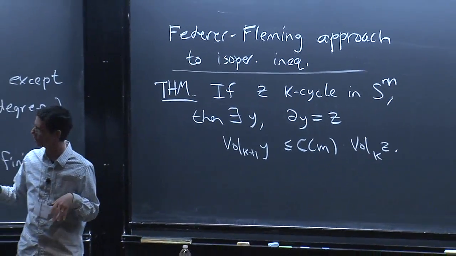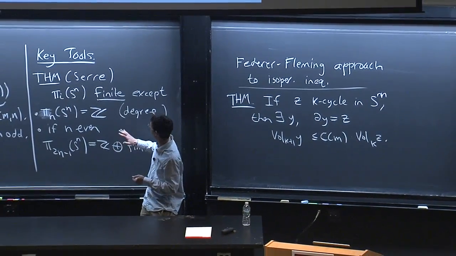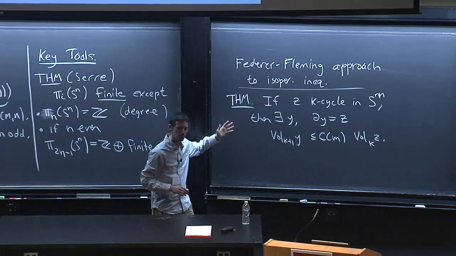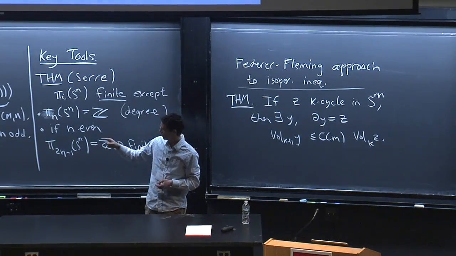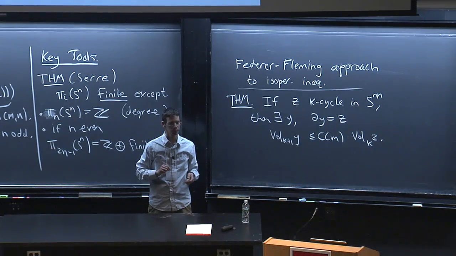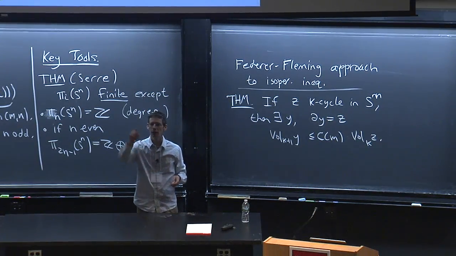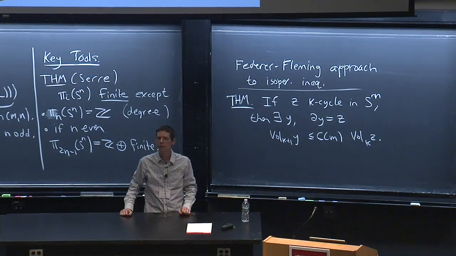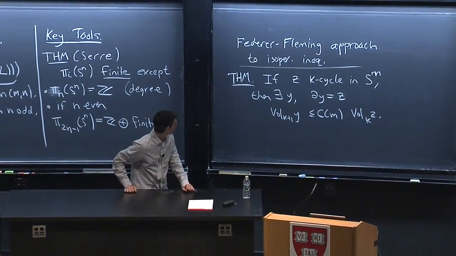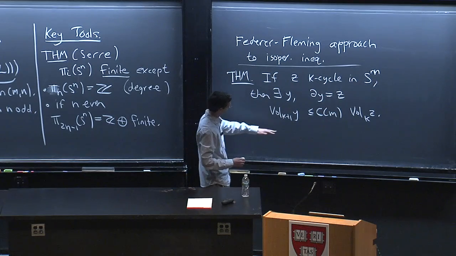So the goal of the talk is we're going to outline the proof and see how this ingredient from homotopy theory and this ingredient from differential geometry can get used to construct H. Yeah? You take advantage of the power in the isoperimetric inequality? Right, so the question is, we could say something better here.